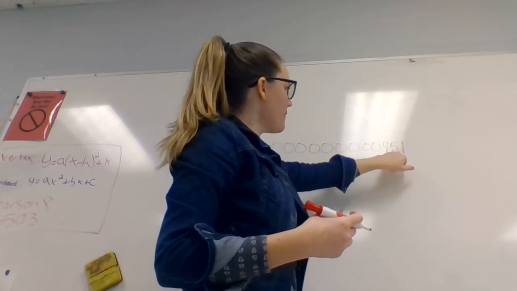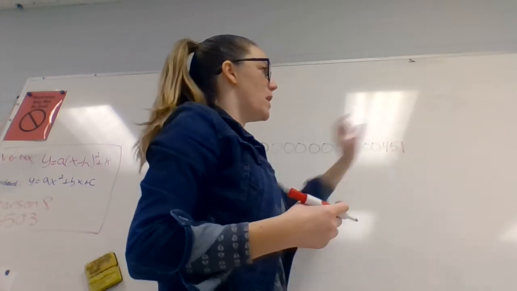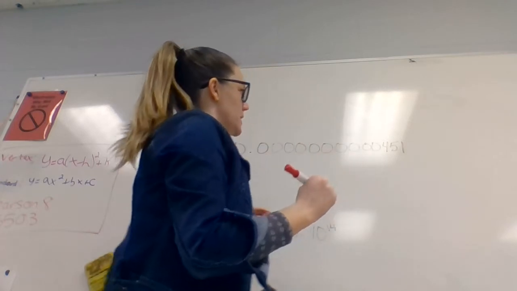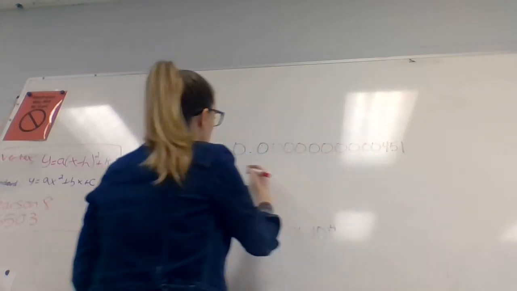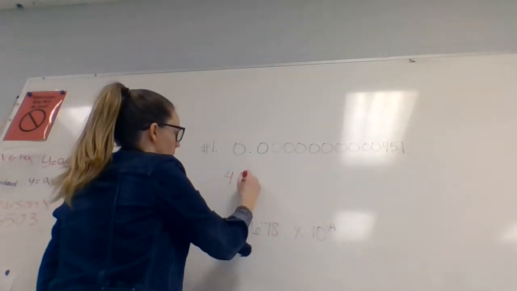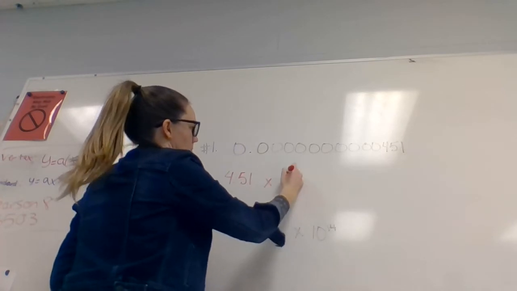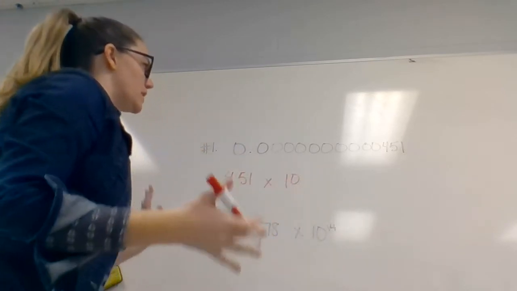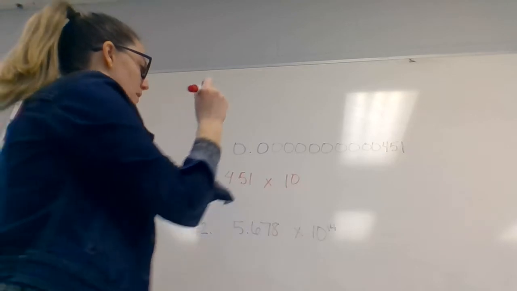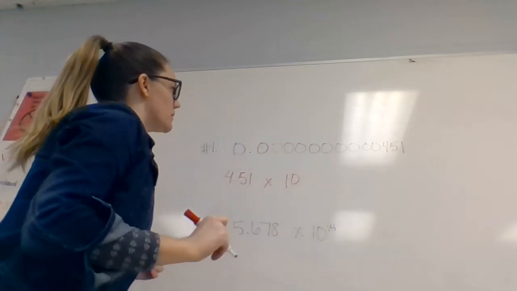So I have a 4, a 5, and a 1, and we want a single digit followed by a decimal. So my first number is going to be 4.51 times 10 to the something, and this is what we need to figure out. We need to figure out how many places to the right we are moving our decimal.